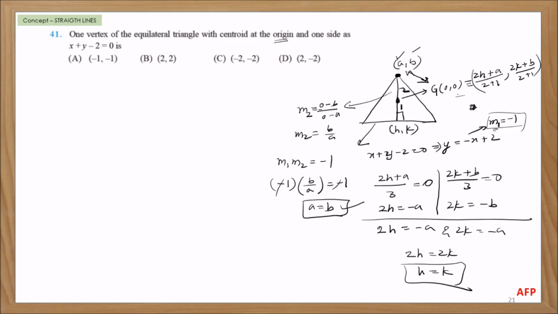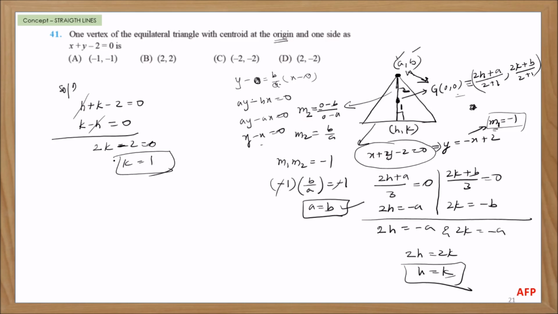Now the equation of this line, using this concept, this line passes through this point, so we will write here minus 2 is equal to 0. So using this we got this. Next, if you substitute this in this, what are you getting? 1 minus h is equal to 0. This implies h is equal to 1.